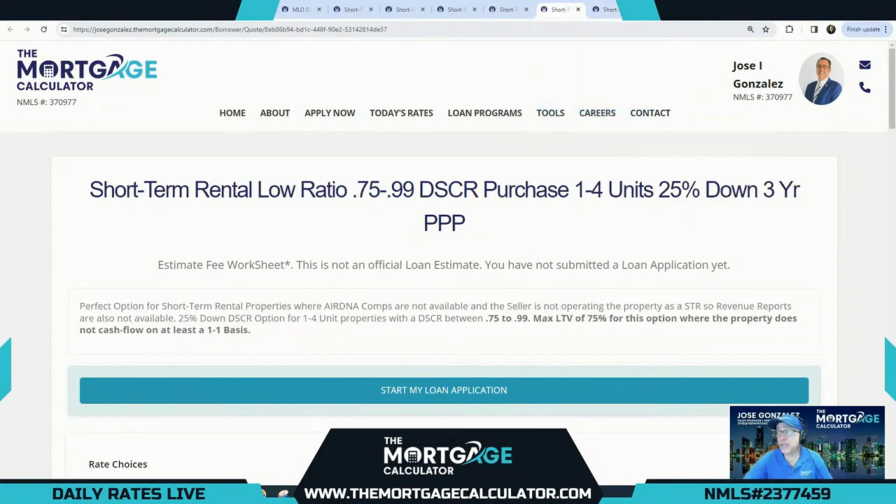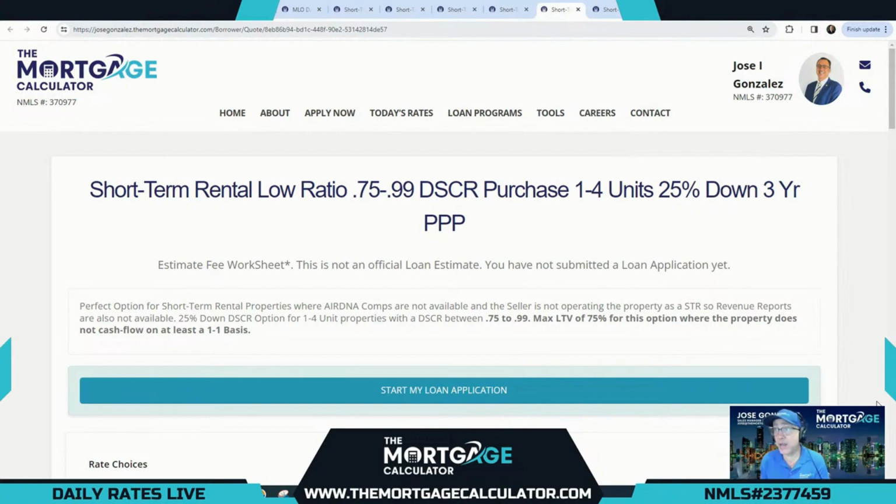Now, a little bit more of a creative approach here. For the short-term rental property where you do not have revenue reports available from the owner, because they may not be operating it as a short-term rental, or maybe they don't want to share the information, maybe they don't have complete information, well, this is a good option when the long-term rents also do not allow the property to qualify.